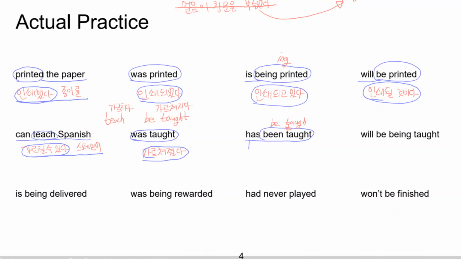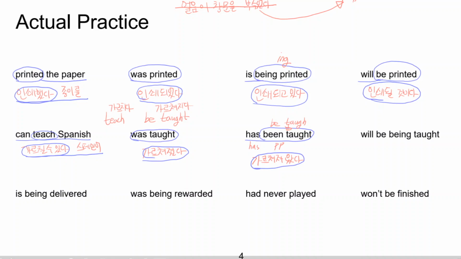We have has PP form, the tense form, and in the tense form we have be taught. So it should mean present perfect and passive. Okay, so in Korean it means 가르쳐져 왔다, something like this.